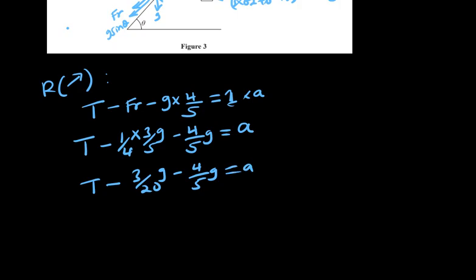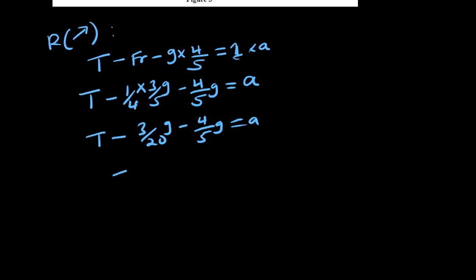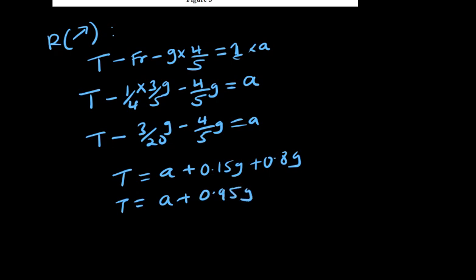So our tension is the same as a plus 0.15 g plus 0.8 g. So our tension should be the same as a plus 0.95 g. In case you're wondering where these values are coming from, when you convert these to decimals, you get these. When you convert 4/5 to decimal, you get 0.8. So this is our first equation.